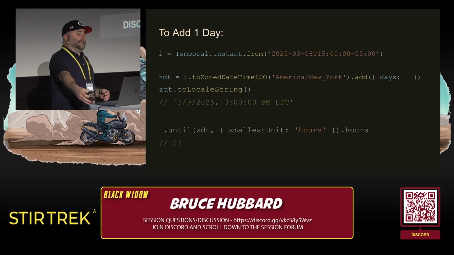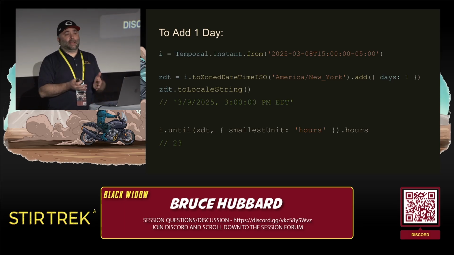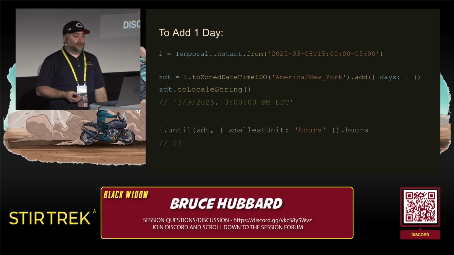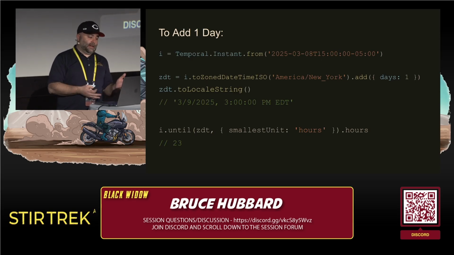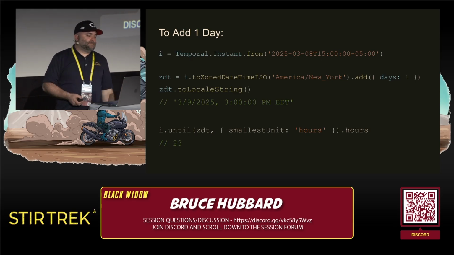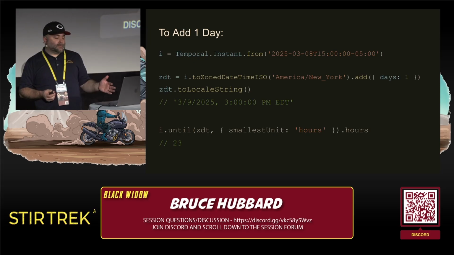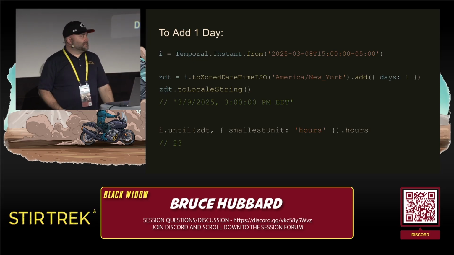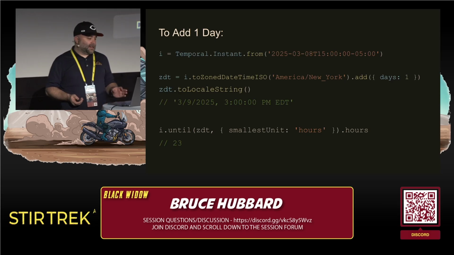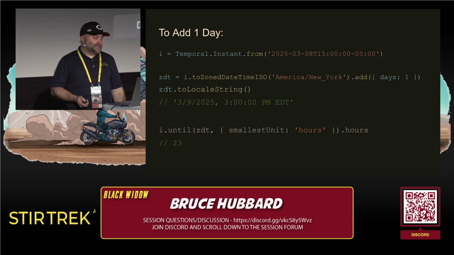And then I can add a day, because now it knows where I am in the world and how many hours were in that day. I can call toLocaleString, and hey, look, yeah, it is the next day at 3 o'clock. And then if I ran an until, you can see, yeah, it actually is 23 hours in length. So this is just a little quirk I wanted you guys to know about.